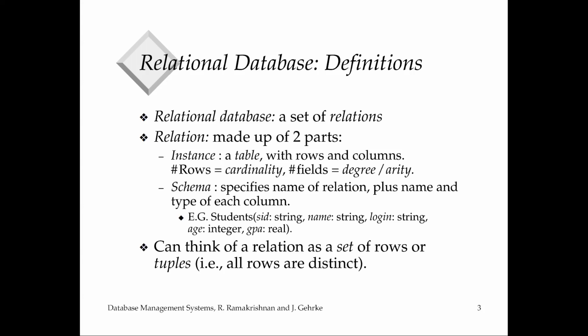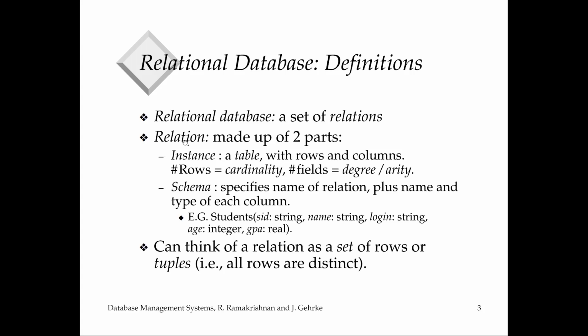But more concretely, it is made up of two parts. So you have the instance, which is just the table with the rows and columns. The number of rows in a table is called its cardinality. That's one thing to remember. And the number of fields is called the degree of the table or the instance.